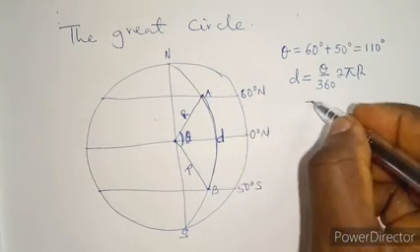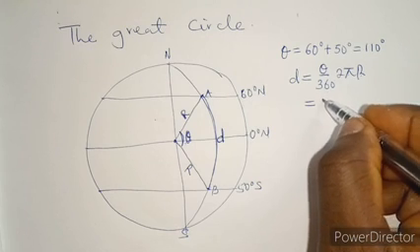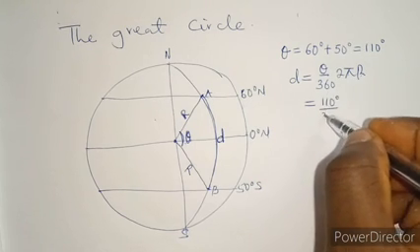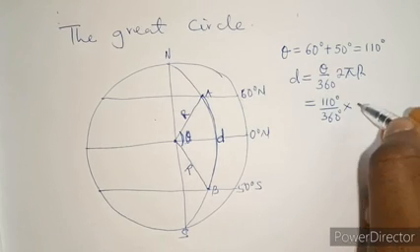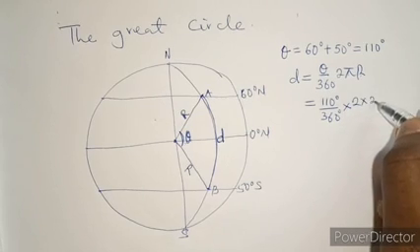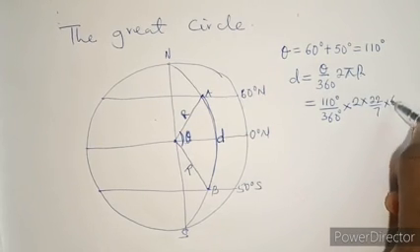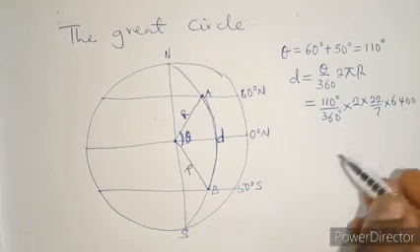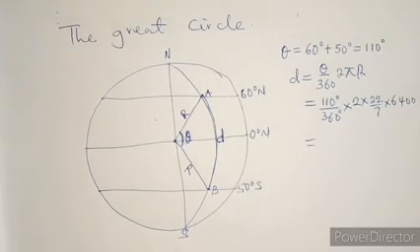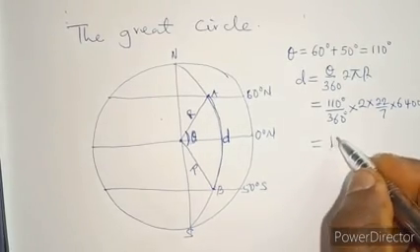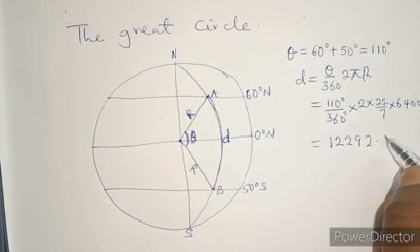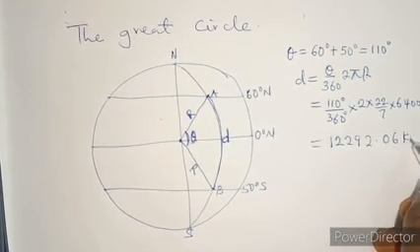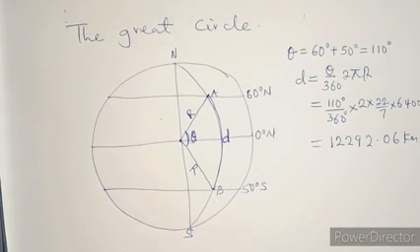So if I substitute the values I have, that will give me 110 over 360 times 2 times 22 over 7 times 6400, and I will calculate. And that will give me 12292.06 kilometers. It's as simple as that.